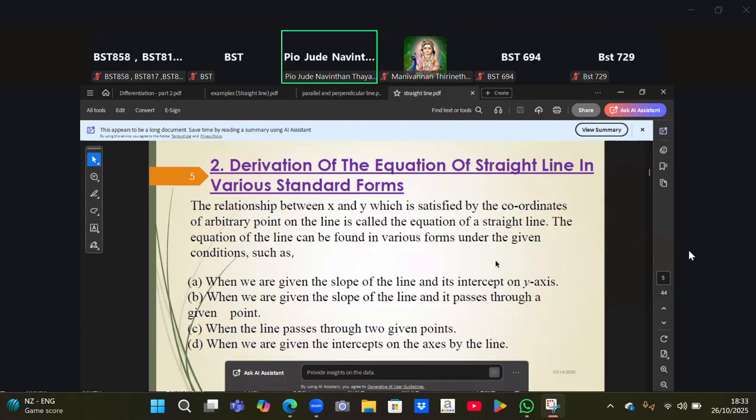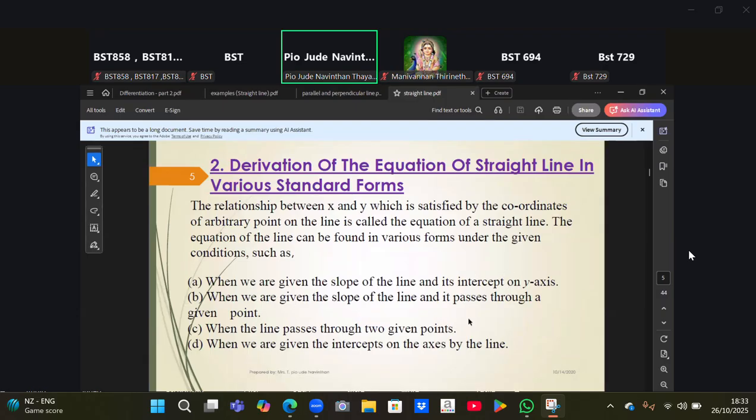Instead of c, they are having another point. That's also possible. Yes, we can find the equation.